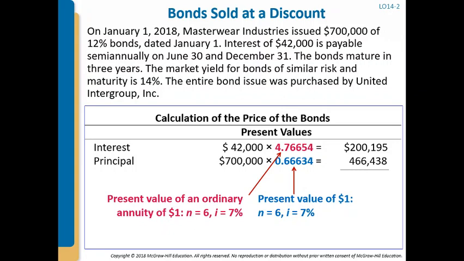And so if we go to the tables for the annuity payment, we're going to multiply 42,000 times 4.76654. Since these are paid semi-annually, this is a bond that interest is payable over 3 years, but since it's semi-annually, there are 6 payment periods.